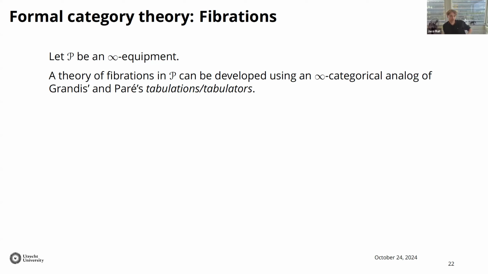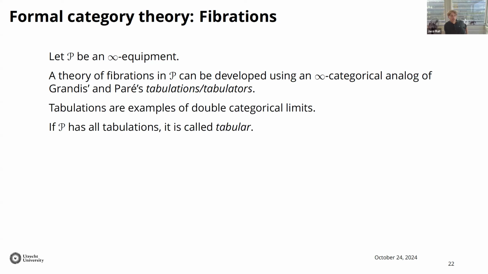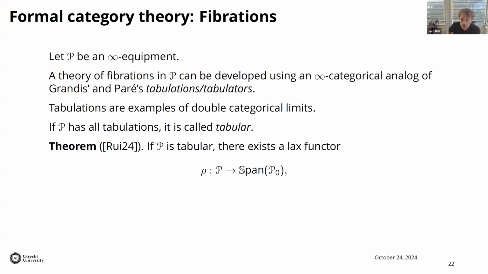Maybe you're familiar with this, but tabulations are essentially some form of double categorical limits. And you have this convention that if P has all tabulations, you also call it tabular. That's some terminology that I like to use from now on.